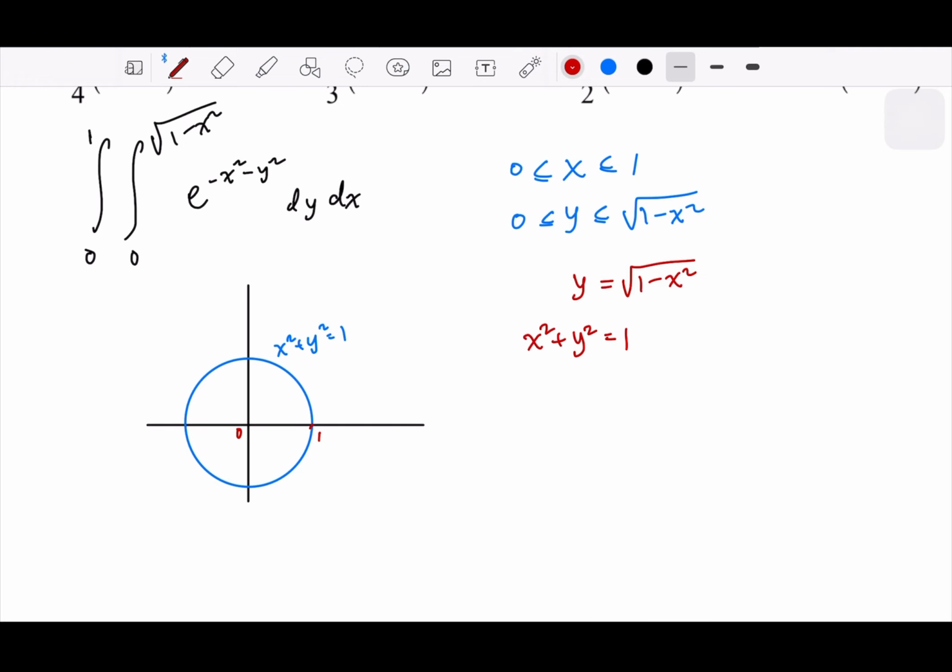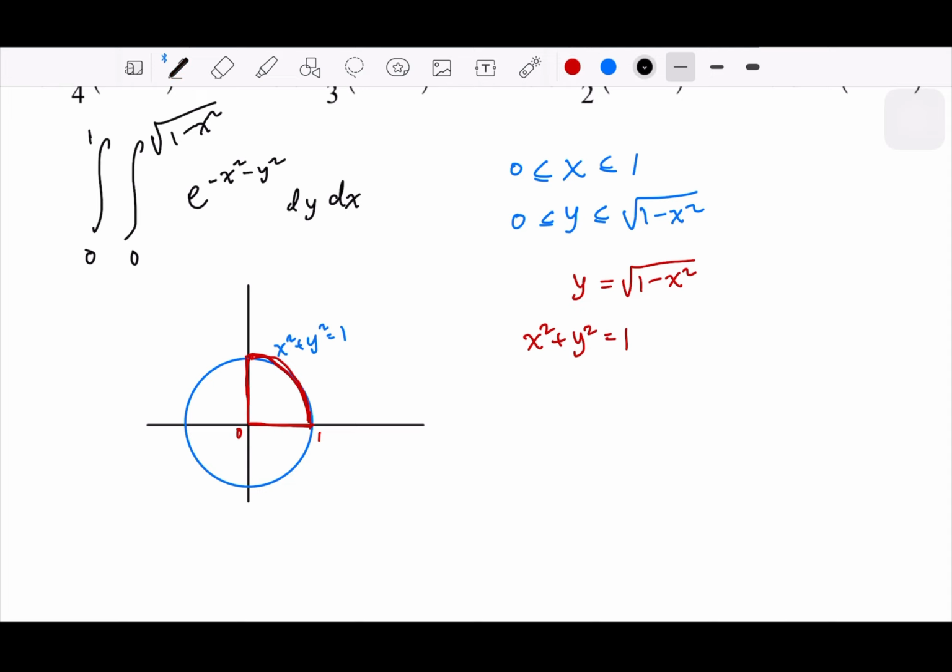Now since x starts from 0 to 1 from here, and y is from 0 to this, we could have that area.